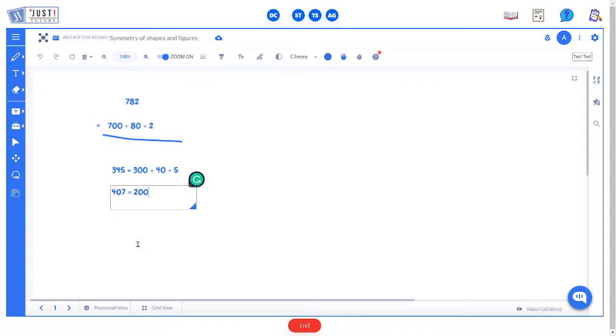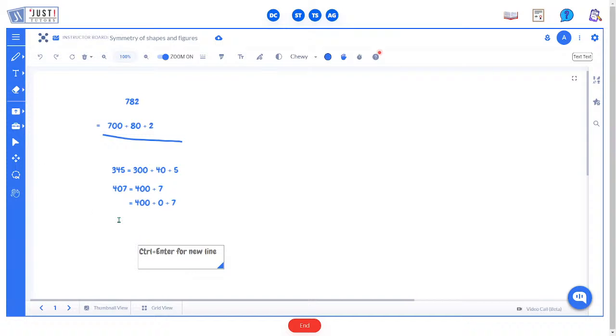It would be 400, add, since we don't have any tens, we can avoid writing the tens column, and we can simply write 7. 400 plus 7. Or there's another way to write the expanded form of this number. We can write 400 plus 0 plus 7, like this.